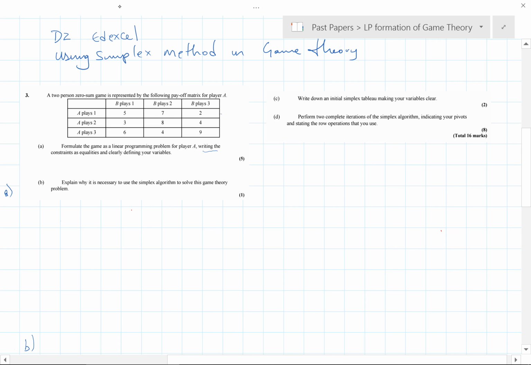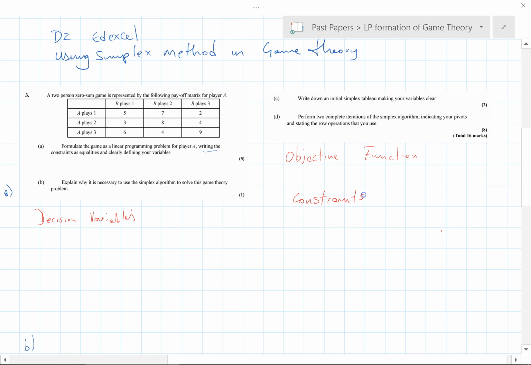To set something up as a linear programming problem, we need three things. We need first of all our decision variables, our objective function, and our constraints.